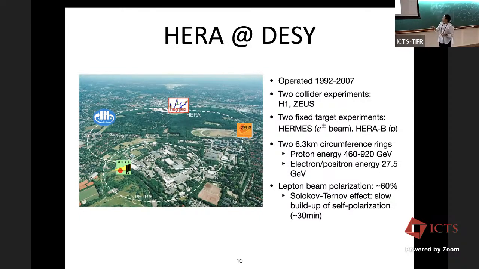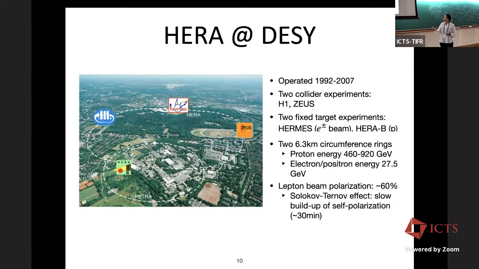HERA, as you can see here, has a very large ring, which is 6.3 kilometers, and it had proton energy up to 920 GeV and electron energy of 27.5 GeV. The interesting thing about HERA is that the electrons were self-polarized. Do you know what self-polarized means? Anyone?